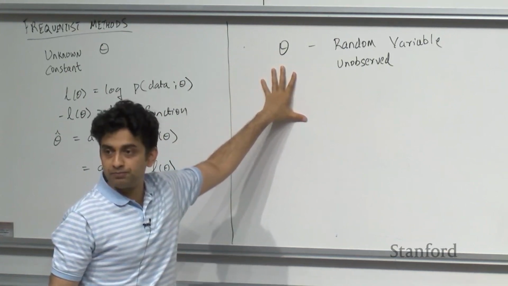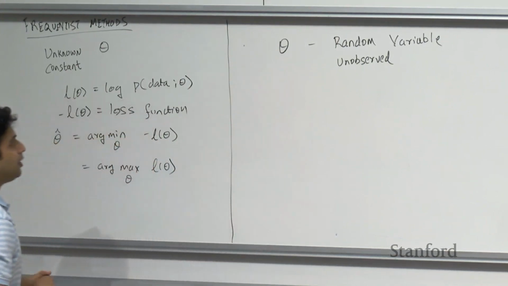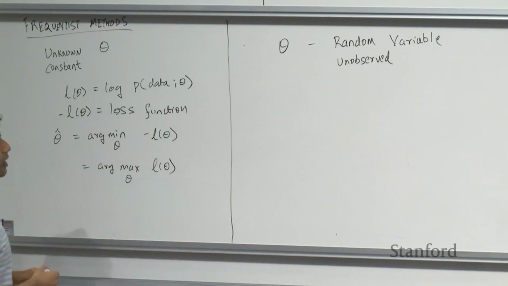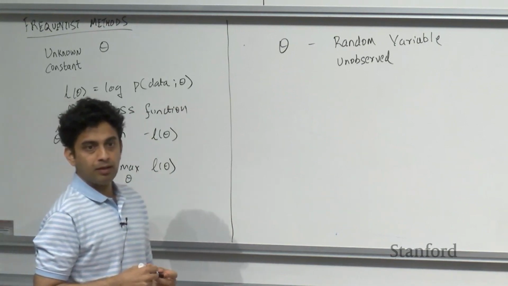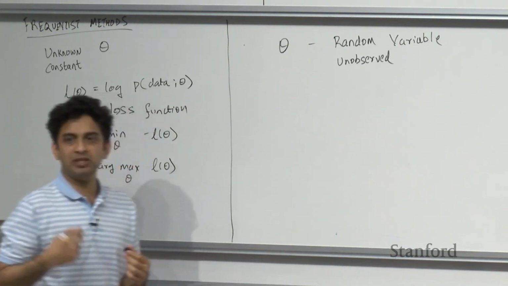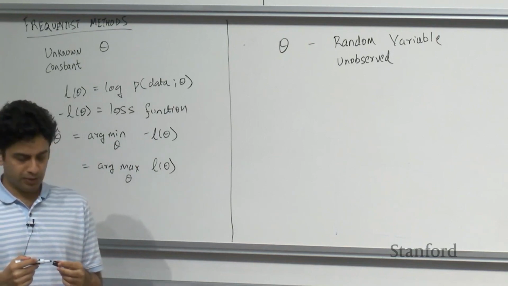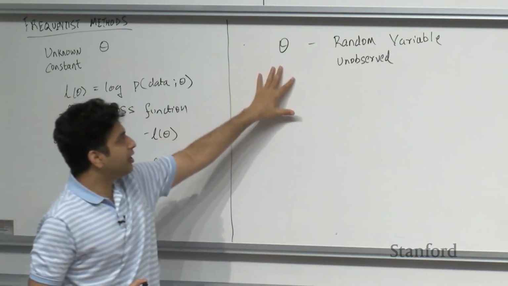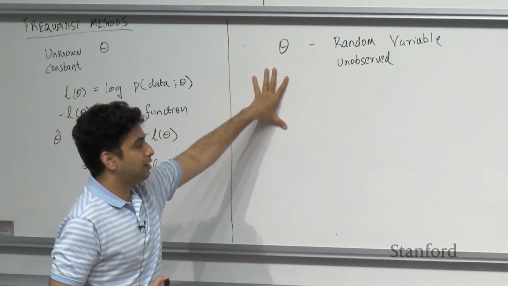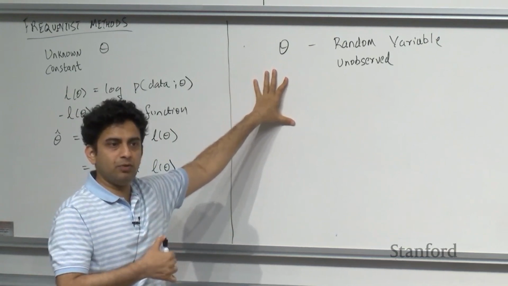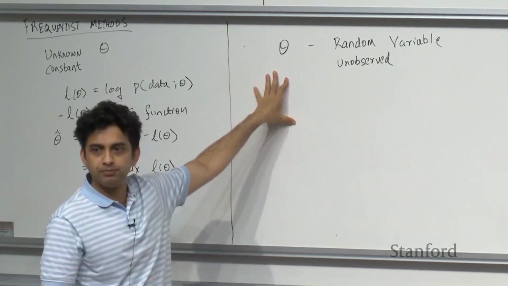is unobserved. Now the moment we think of theta as a random variable, there needs to be some kind of probability distribution associated with it, right? Just calling something a random variable is necessarily incomplete, because we want to say what is the associated distribution with it, right?